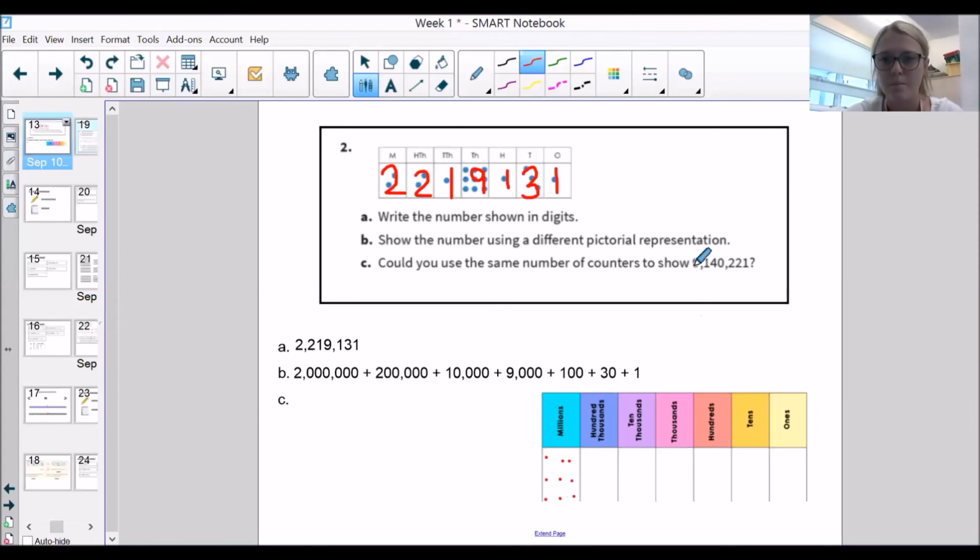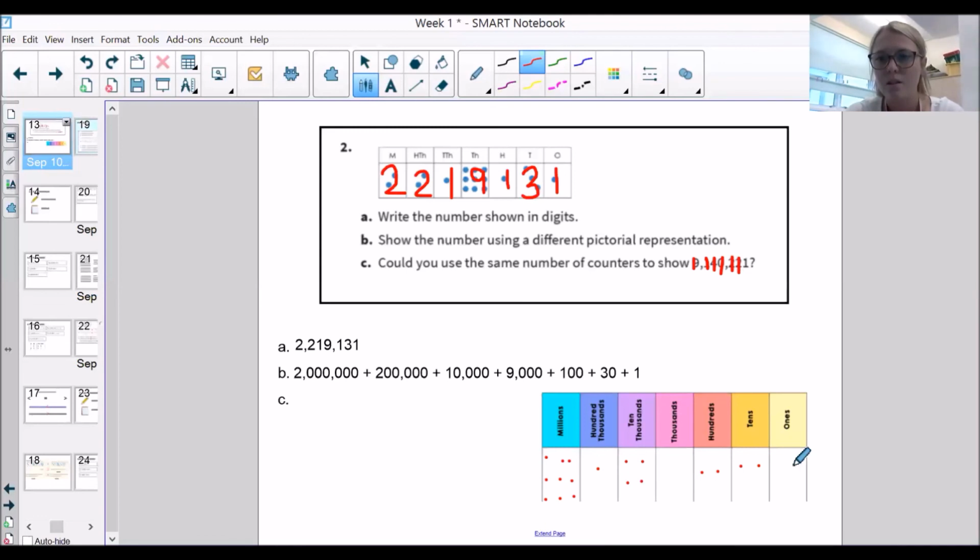Okay, so I've done that one. 100,000, so draw that one in, cross that off so I know I've done it. 4 10,000s, 1, 2, 3, 4. No thousands, so nothing in the thousands column. 2 hundreds, 1, 2. 2 tens, 1, 2, and 1 1.